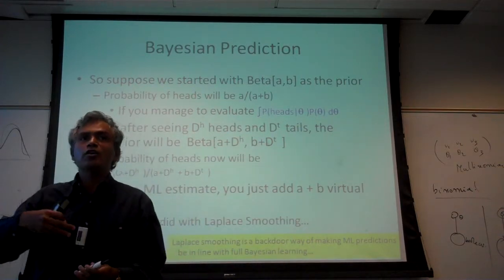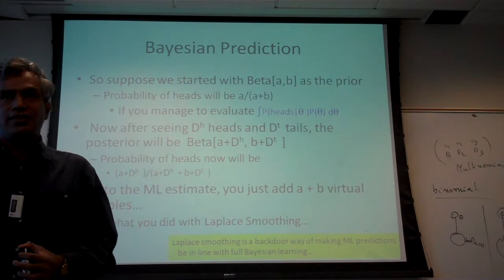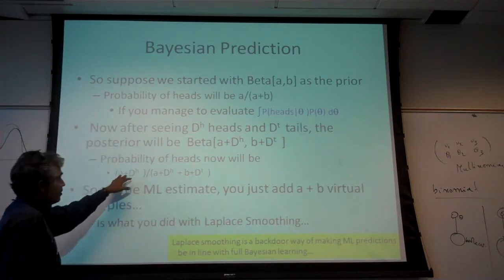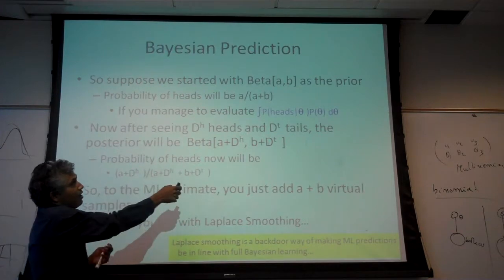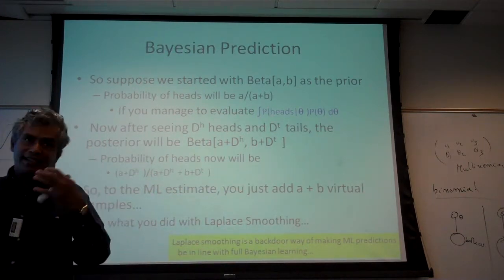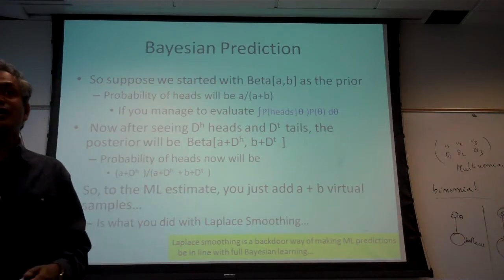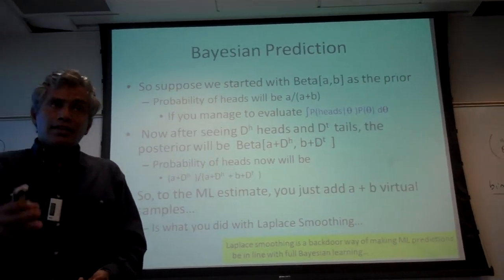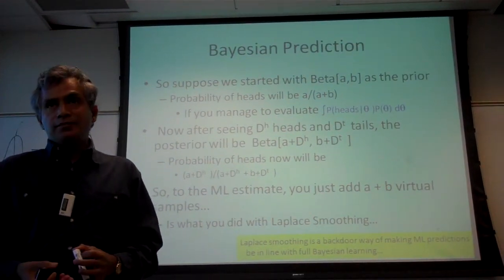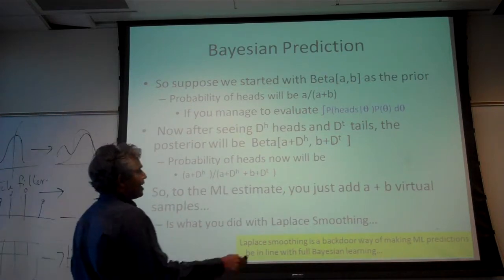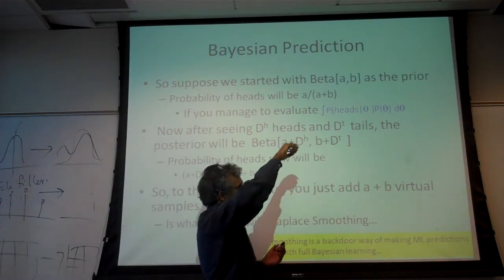That would be your prediction about the next toss. It's easy to say this because I computed the integral once, and the next time around I just keep using it: for any beta distribution with hyperparameters A and B, the expected value will be A by A plus B.